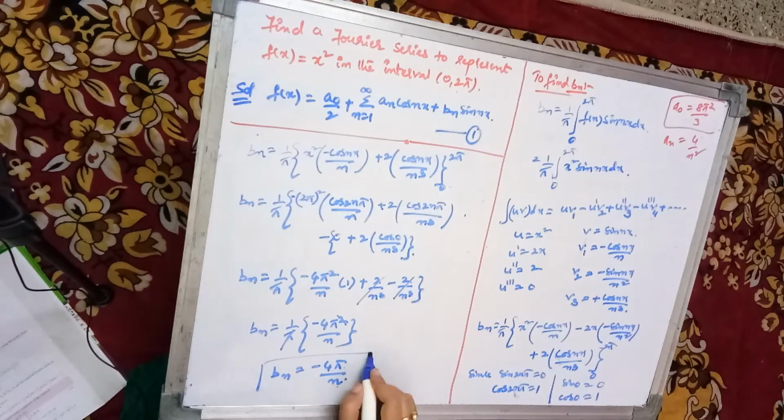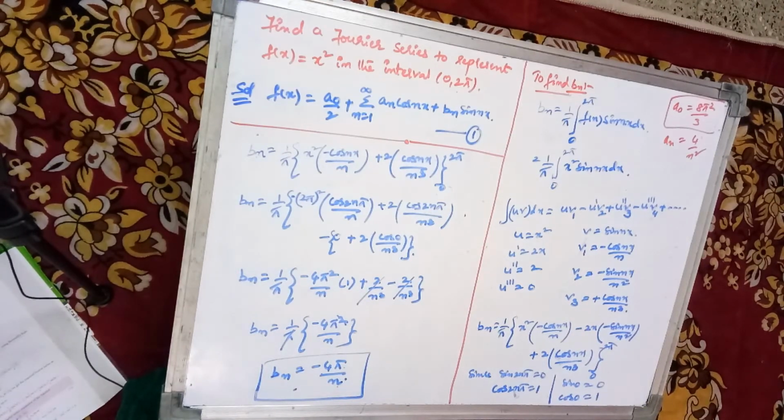Now we will substitute all these values into equation number 1, where you have written your Fourier series.